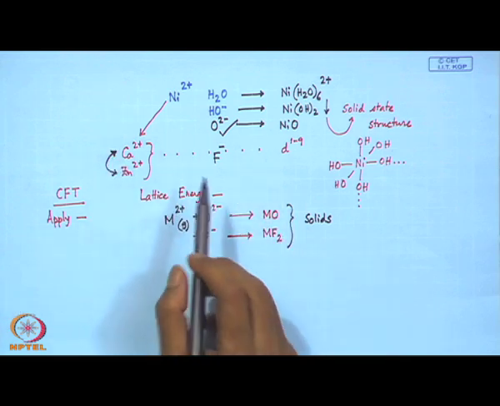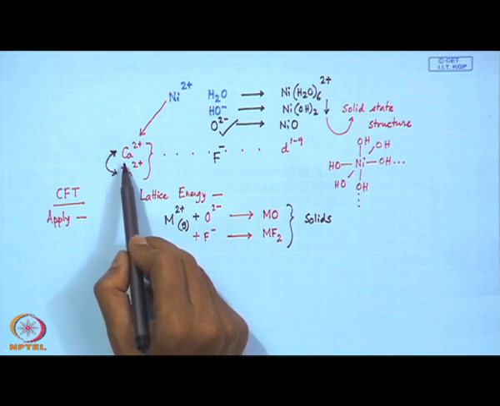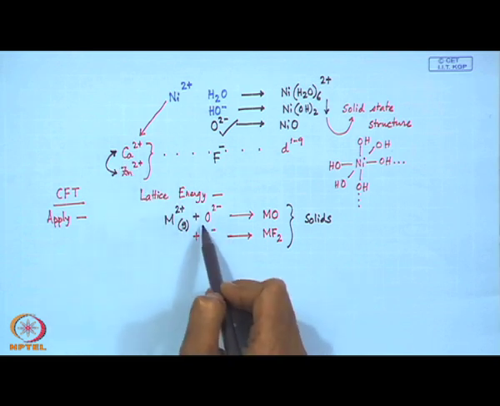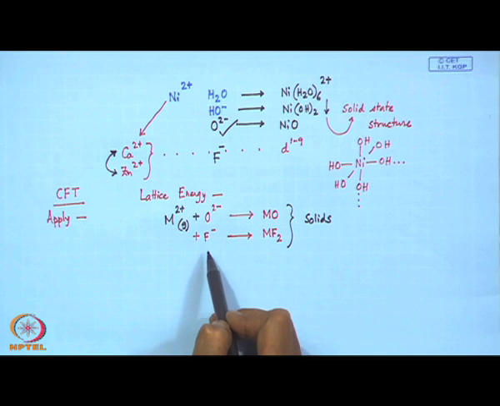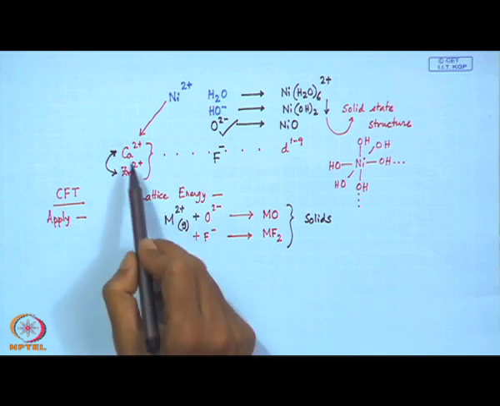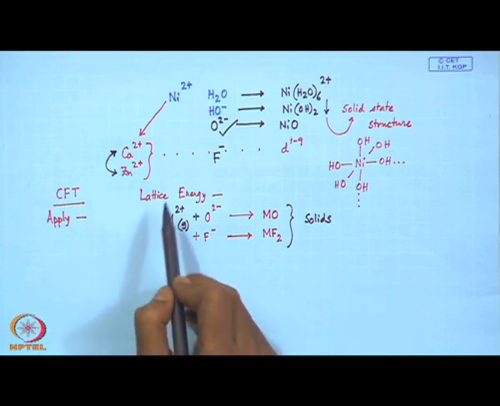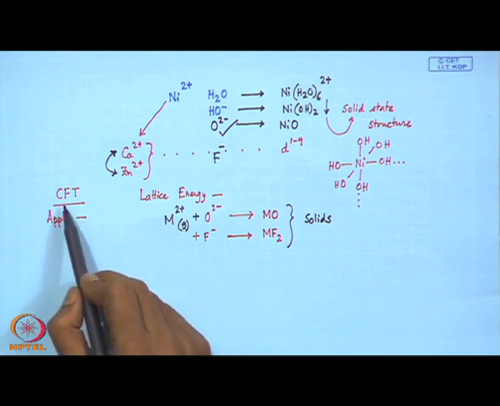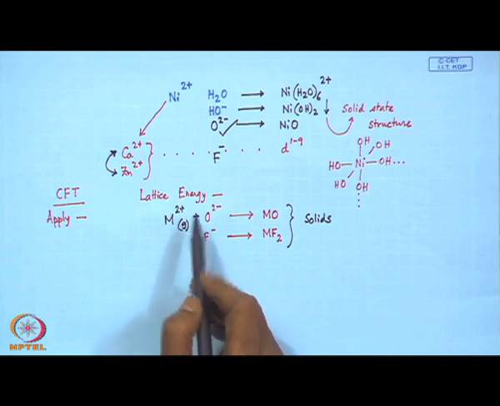If the whole thing is dependent on the presence of the d electrons in these metal ions, we will see that for the interaction with calcium, due to the formation of calcium oxide or calcium fluoride, we do not see any crystal field contribution towards the lattice energy term.